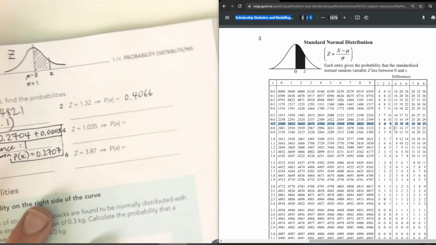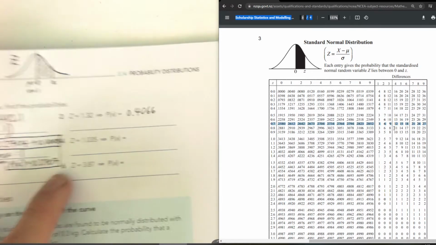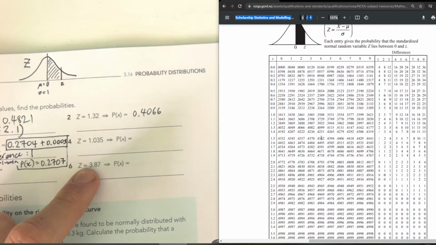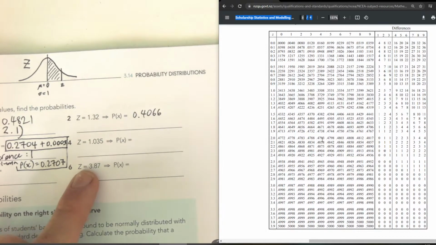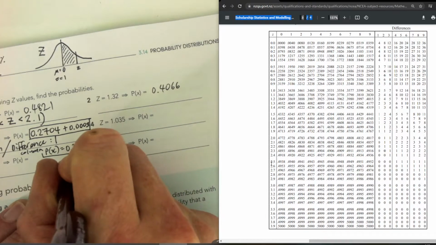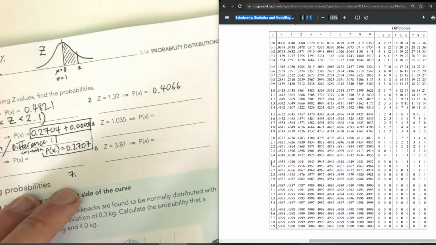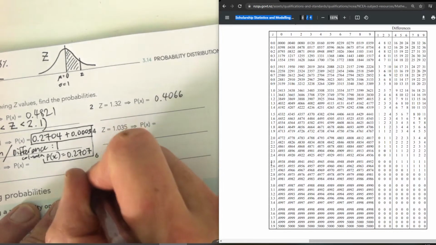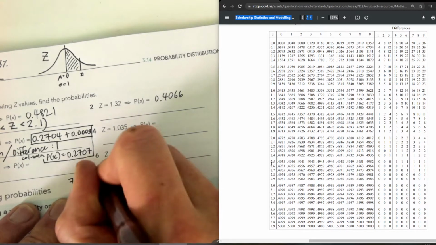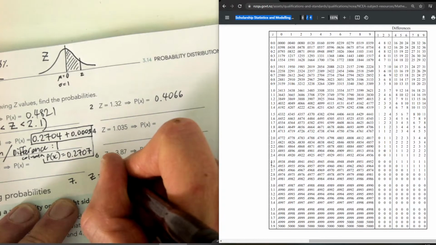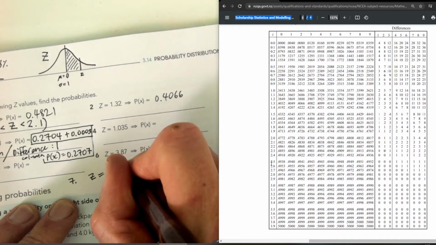Okay, I'm going to go somewhere where it's a little bit tidier. Let's have a look at, I'm just going to make one up. Oh, actually, this one's pretty good. Okay, we're going to do question 7, and I just want to show you guys an illustration. So we're going to go z equals 1.589.